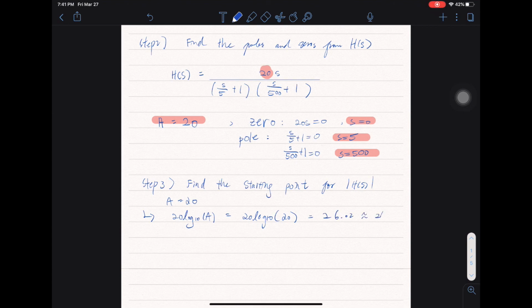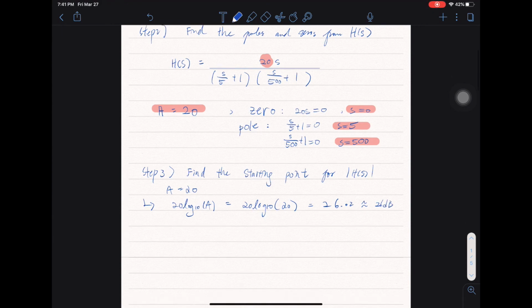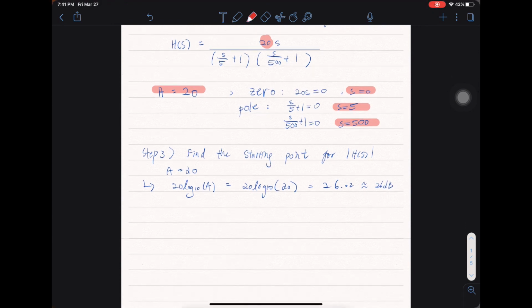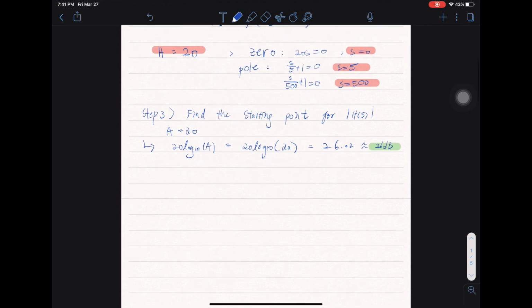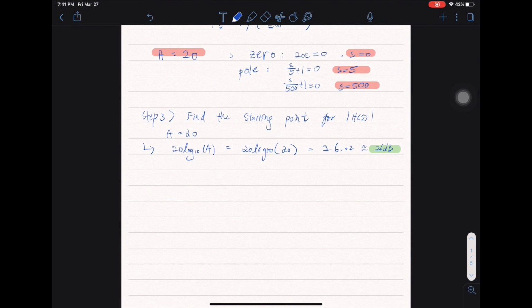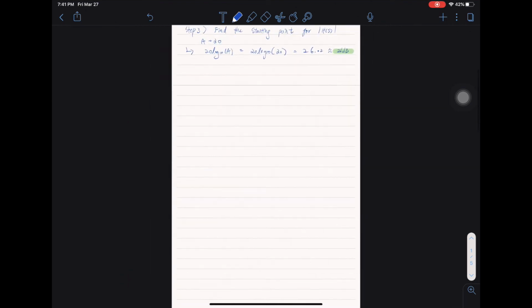So I would say 26 dB. So this value here is the starting point. You will see that soon. So let me actually highlight this in, let's say, green. So then we can go to the next step, which is drawing the plots.